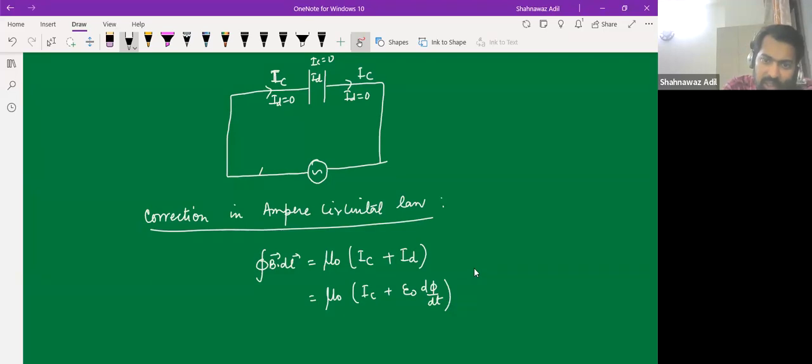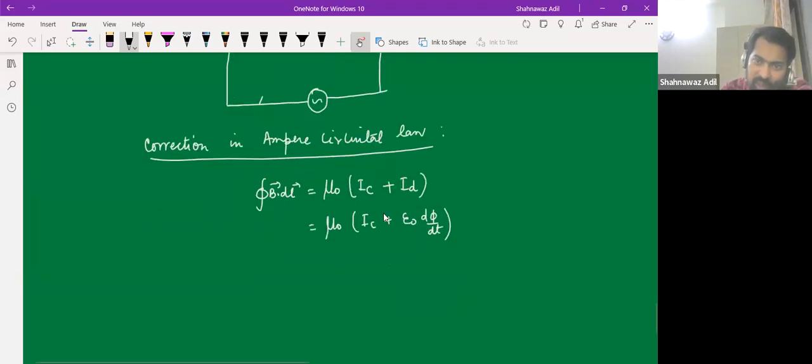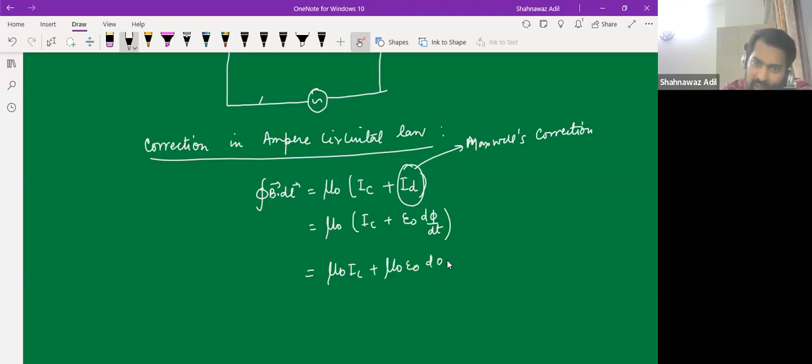This is the correction that is given by Maxwell. So this would be mu naught I_C plus mu naught epsilon naught d phi by dt. This is the corrected Ampere's circuital law.